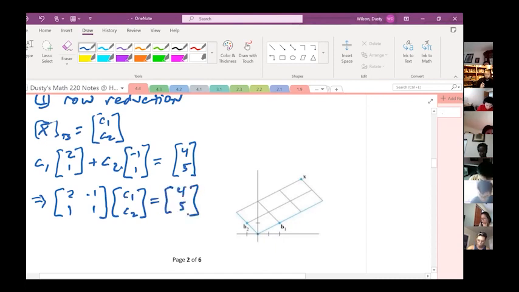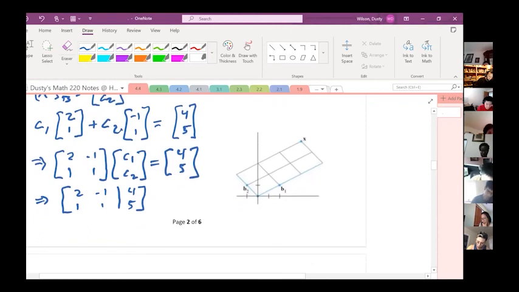Well, we've solved these a zillion times. We can do this with row reduction: 2, 1, negative 1, 1, 4, 5, as an augmented matrix, which will row reduce to 1, 0, 3, 0, 1, 2.